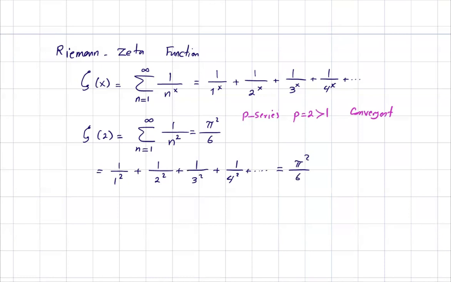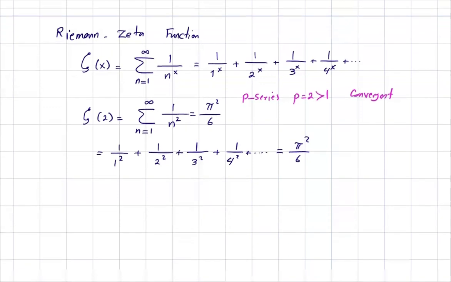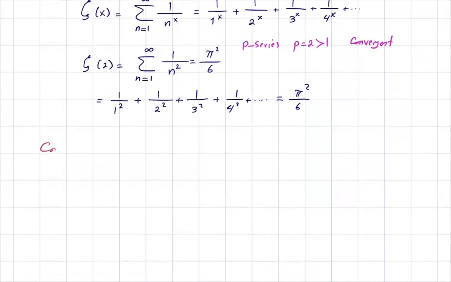That's a common mistake that students make, thinking this is the same as the integral of 1 divided by x squared, which it is not. So let me write this as a common mistake for students.